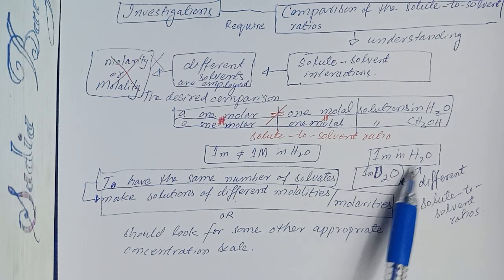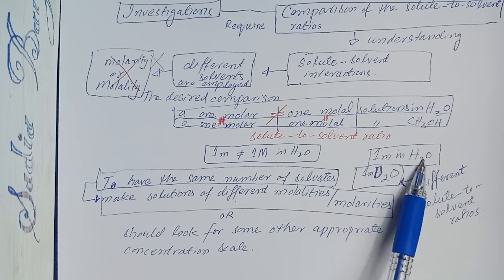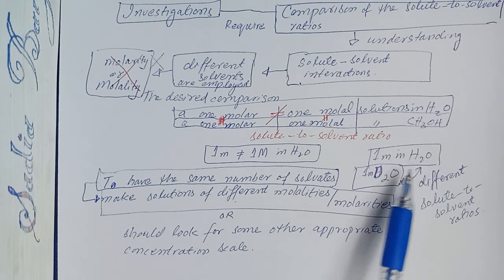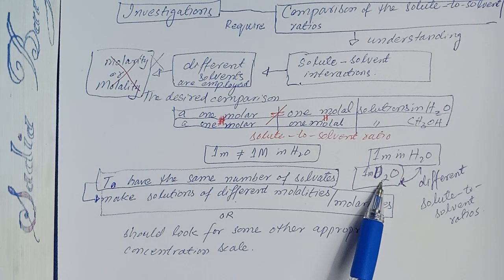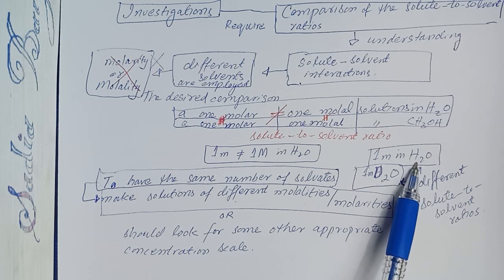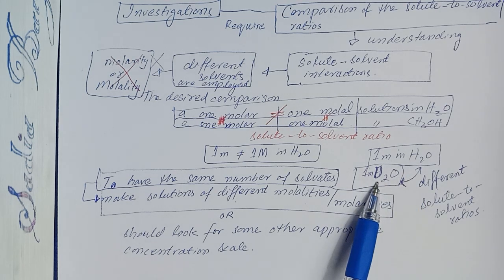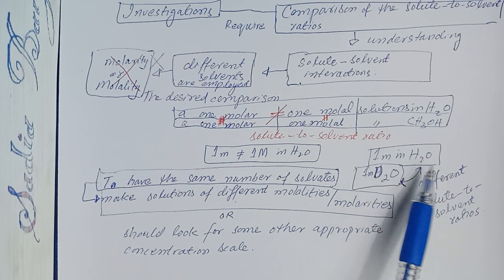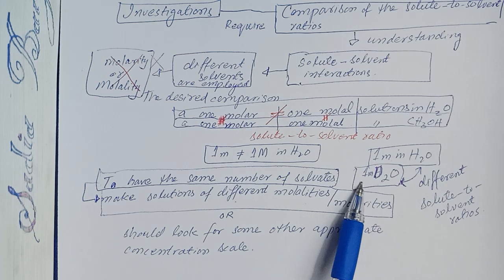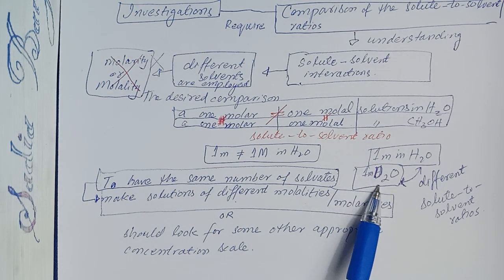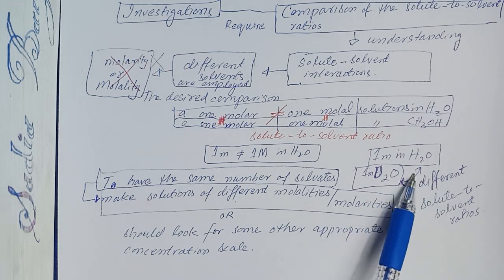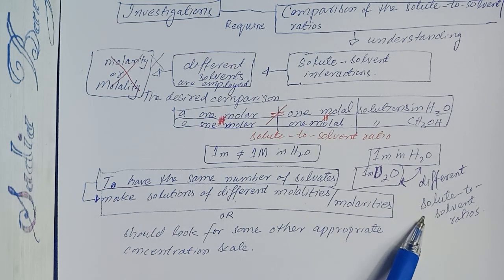The second example is the same chemical but different molecular weight: water and heavy water, that is D2O. If we make a 1 molar solution in water and also a 1 molar solution in D2O, these two solutions will also have different solute to solvent ratios.